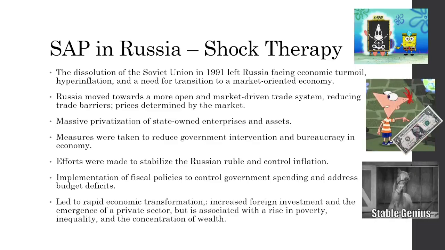And overall, this led to rapid economic transformation. An increased FDI and the emergence of the private sector, however, is associated with a rise in poverty for certain groups, inequalities in the economy, and the concentration of wealth, kind of tying back to that inequality. So you could probably predict that their Gini index score was not helped with the structural adjustment programs.